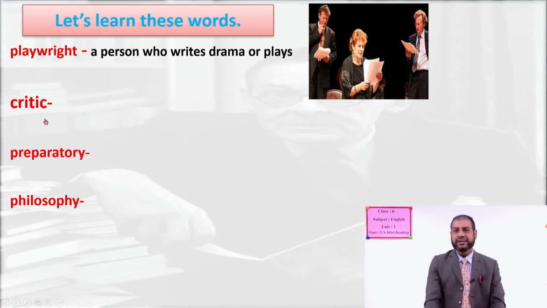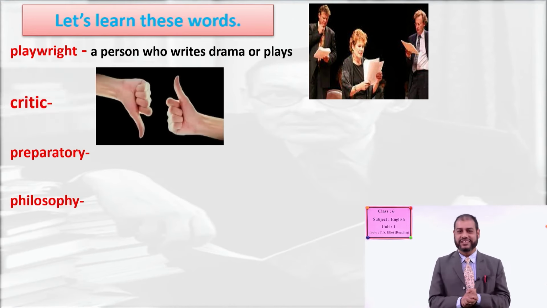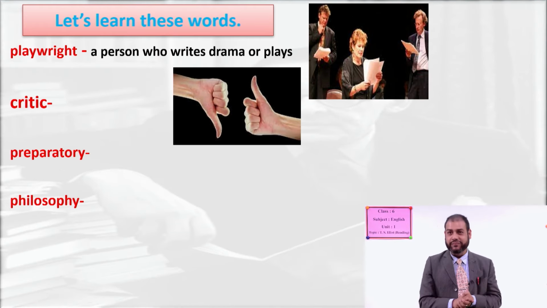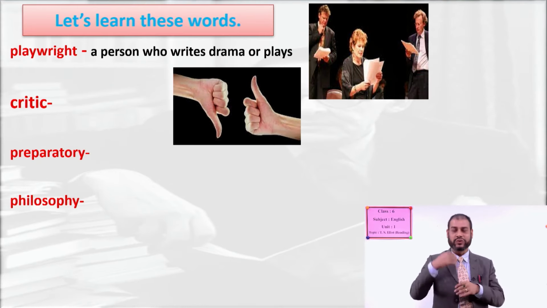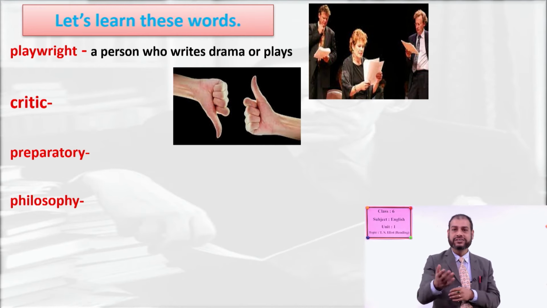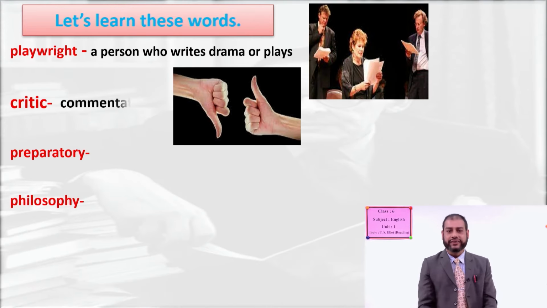Now another meaning we have is critic. And what's its meaning? So first of all, I want to show you the picture. See, you can find one thumb down, another thumb up. It means that you might have guessed a person who tells about weaknesses and strengths, or a person who tells about negative points and positive points of something. So in a word, you can say commentator.